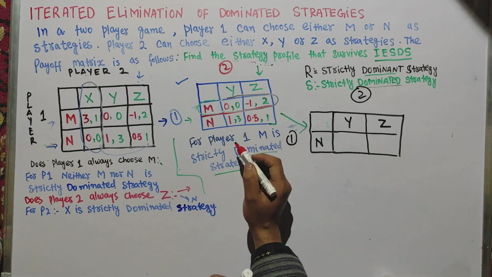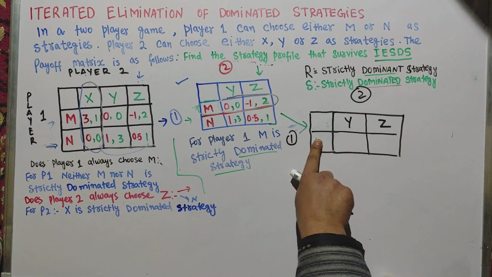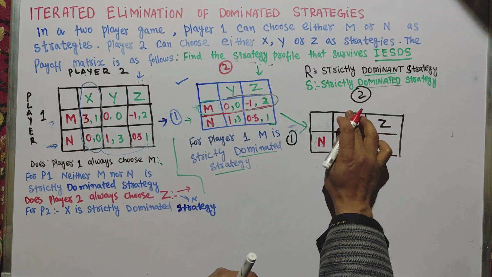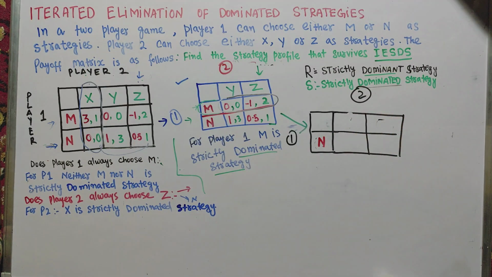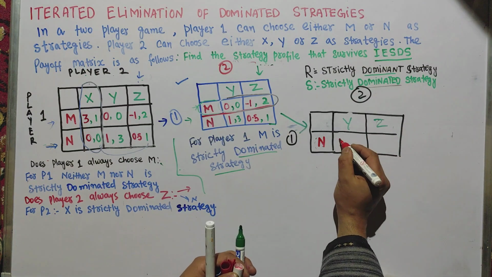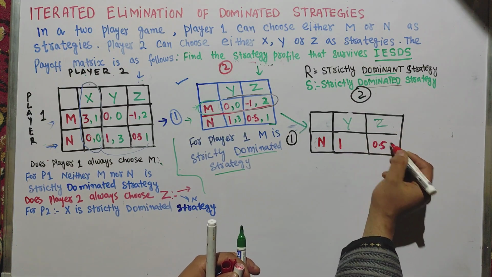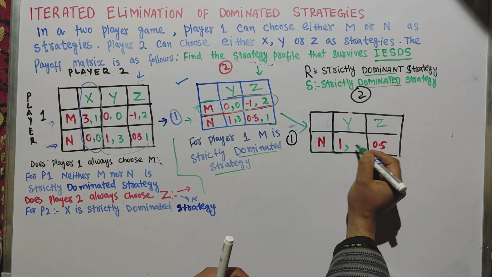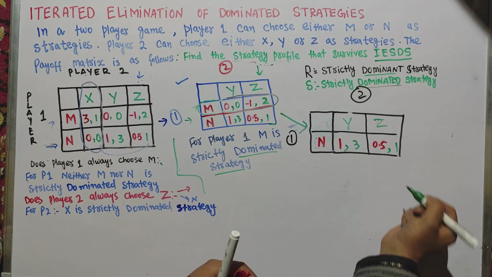So we are left with N, and Y and Z. We are left with 1 and 0.5, and for this we are left with 3 and 1.